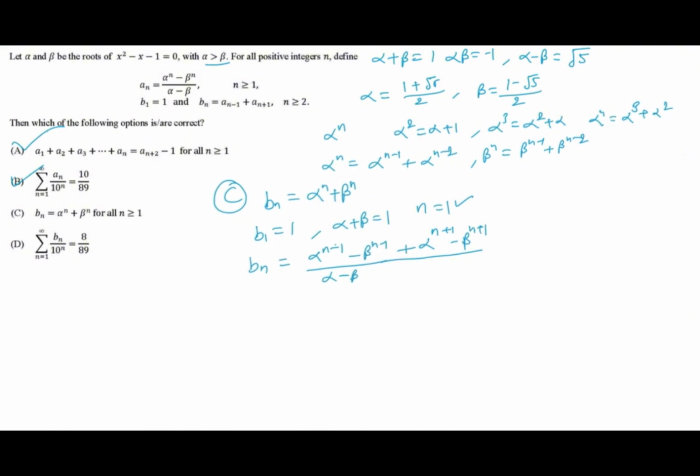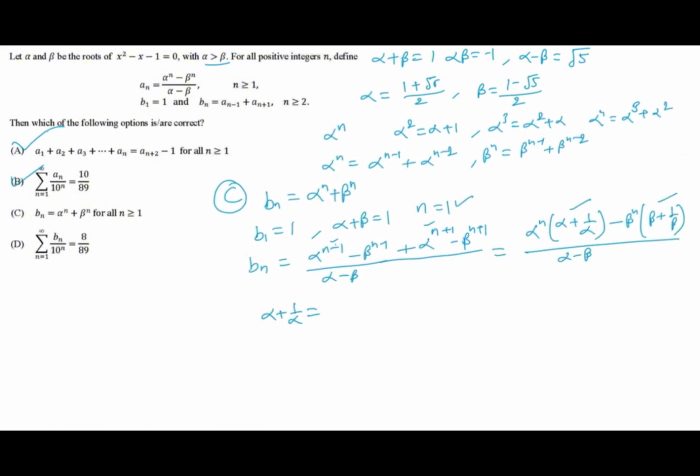Now we have to reduce this right hand side expression in the form of alpha to the power n and beta to the power n. So we will take alpha to the power n common from these two terms, and we will be left with alpha plus 1 upon alpha. And similarly, we will take beta to the power n common from the other two terms. So we will have this.